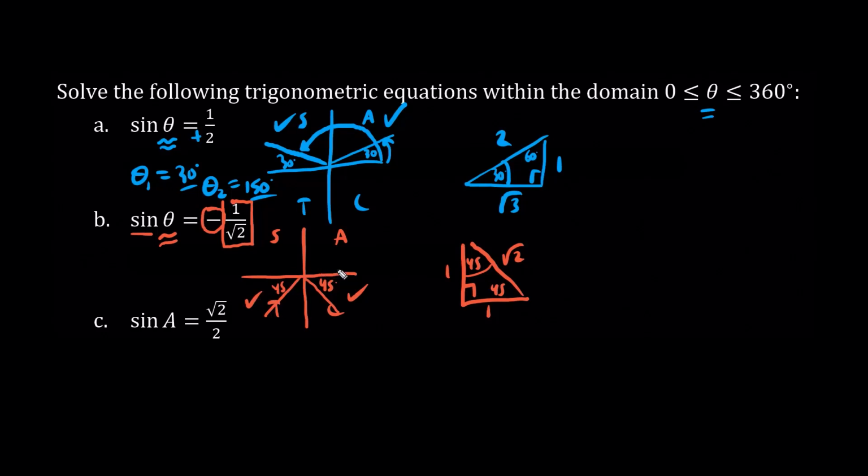And we now run the track. 180 plus 45 is theta 1, which is 225 degrees. Now let's set a personal best. We go all the way around, which is 270 plus 45, or you could think of this as 360 minus 45. Theta 2 is equal to 315 degrees.